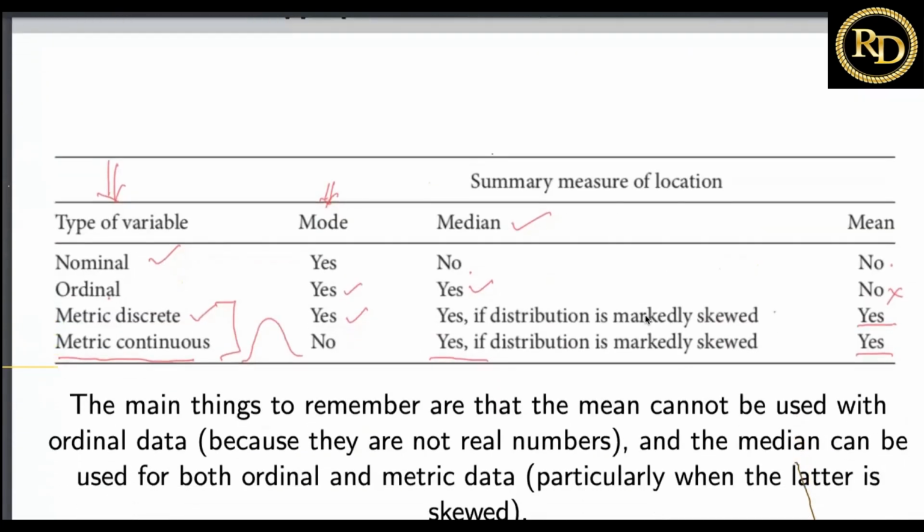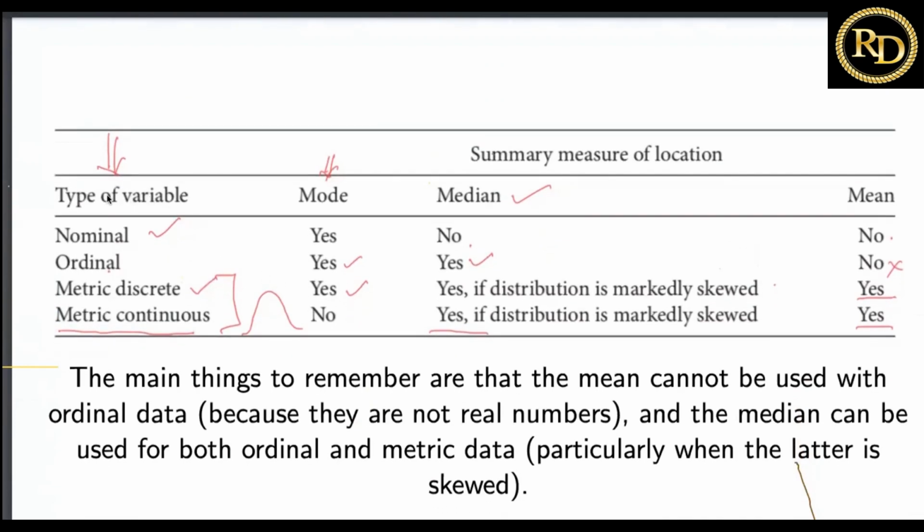to summarize, first of all, try to understand what your type of variable is, whether it is nominal. If it is nominal, you can give the output with the help of the mode. You should not give median or mean as a measure of location.